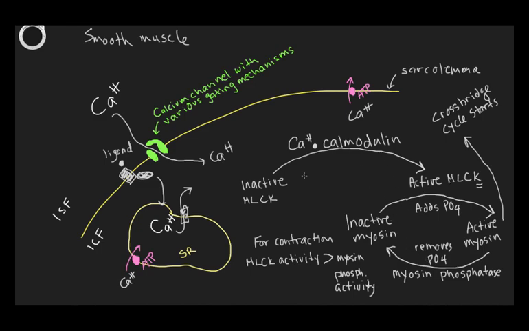So the process is a little more complicated than skeletal muscle, but we can make it pretty straightforward if we remember that calcium is linked to increased levels of myosin kinase activity, lower levels of calcium to lower myosin kinase activity, and of course, to get contraction, myosin kinase activity has to be higher than myosin phosphatase activity.